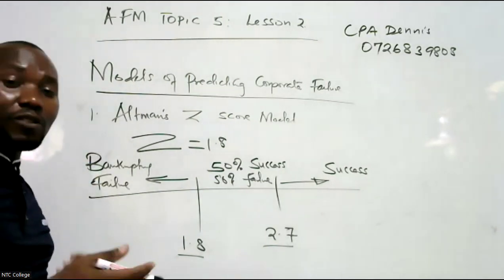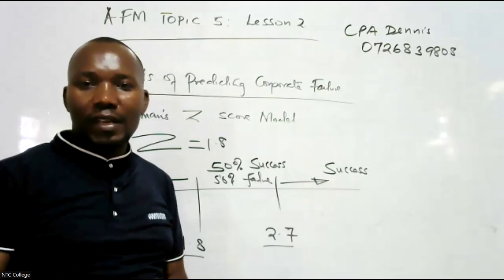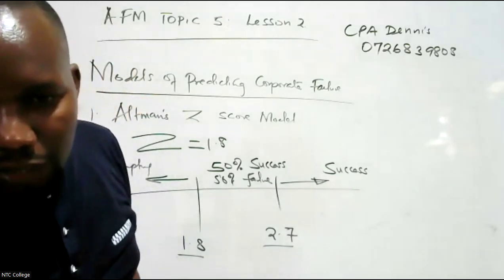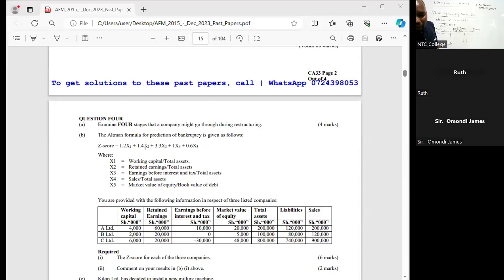So these are just ways of predicting that the company is doing well or is facing some financial challenges. We are going to do one paper here as an illustration. This is December 2022, question number 4.